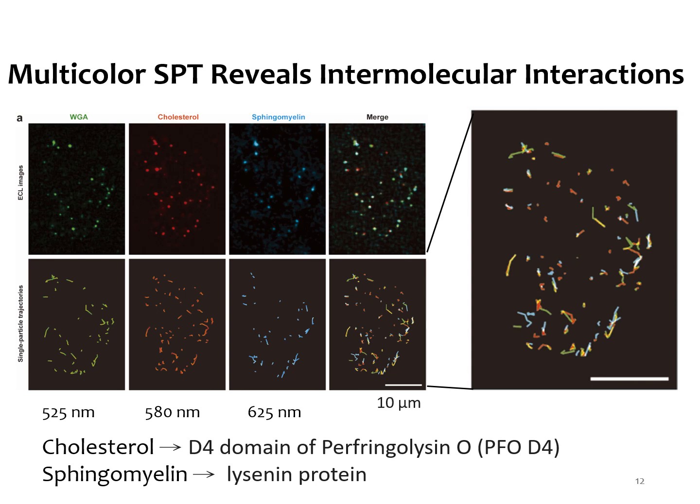The results show that WGA signal mostly appeared where there is a lot of cholesterol or sphingomyelin. And even when WGA moves, these overlaps stay the same, showing that WGA and the lipid markers interact dynamically on the membrane.